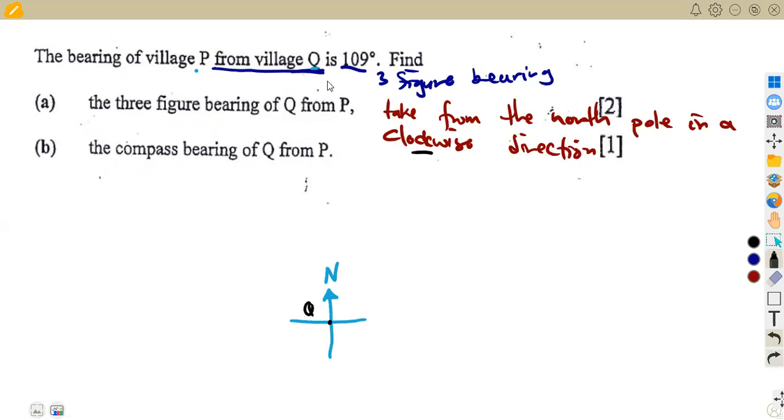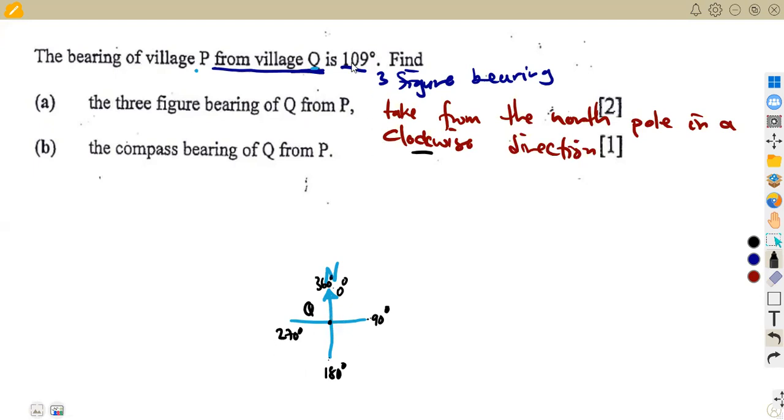By approximation, we can see 109 is in between 0 and 180, because we've got 0, 90, 180. So after 90, but just before 180. So this is 0 from the North Pole. This is 90, this is 180, this is 270, back to 360, separated by 90 each.